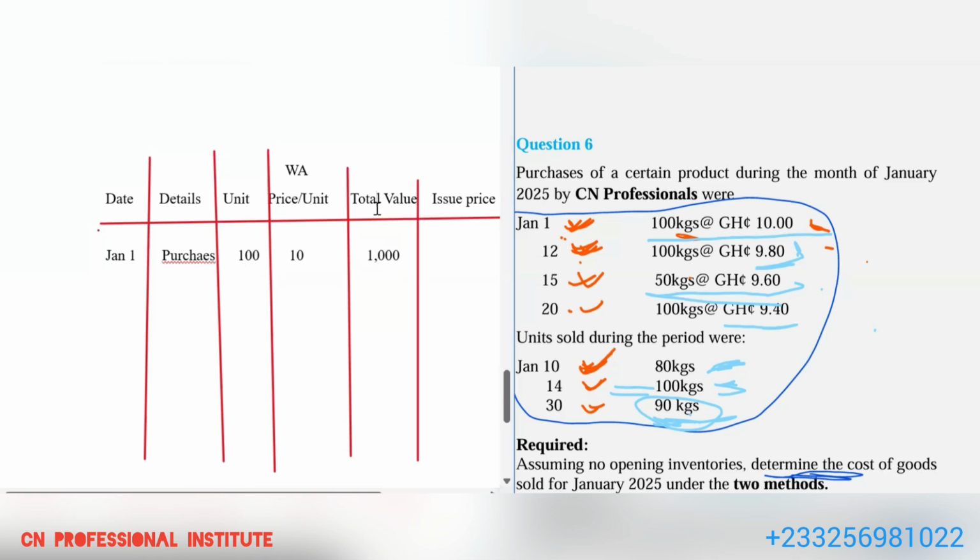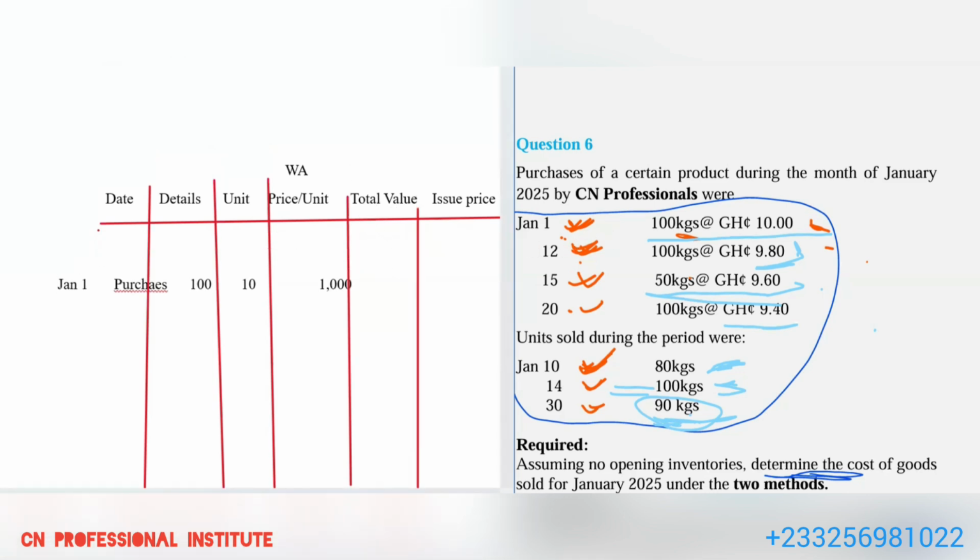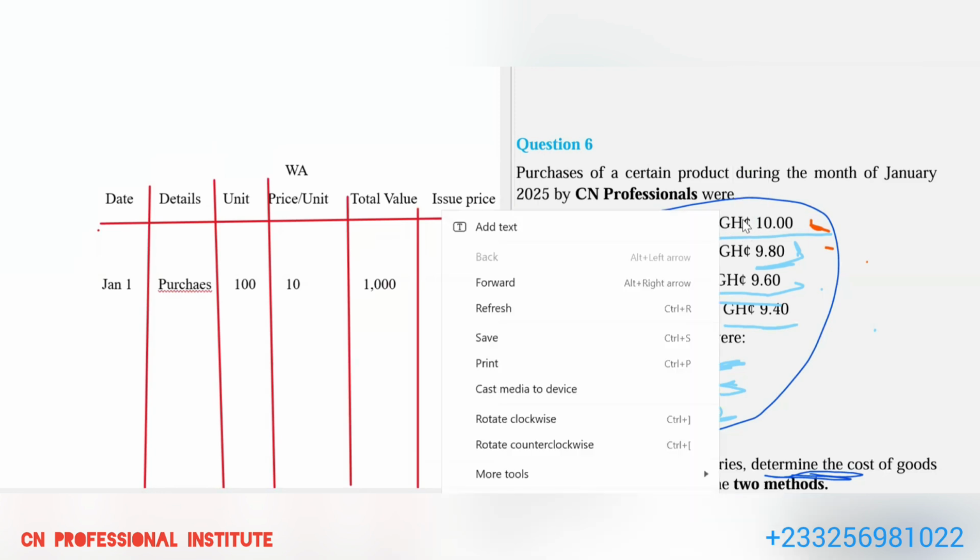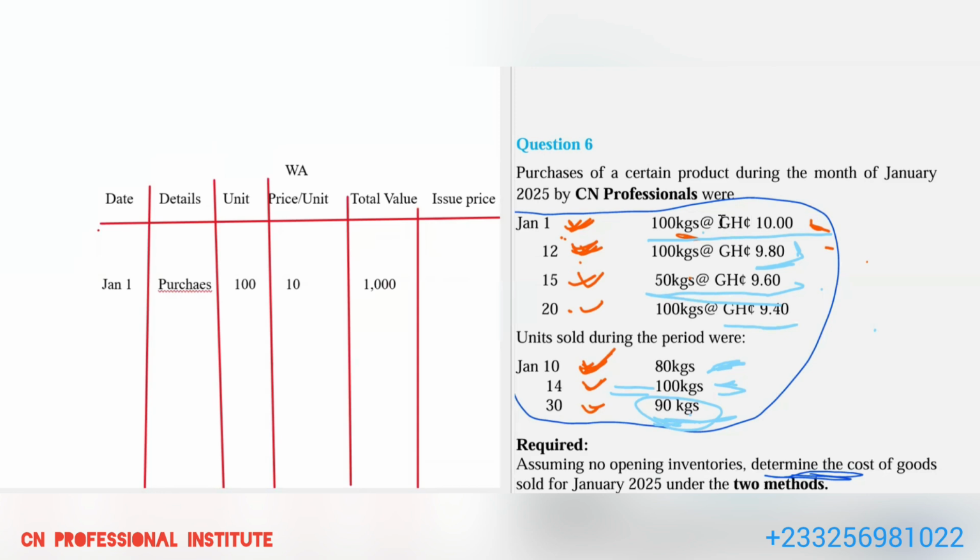So if you multiply the 10 cedis by, okay, let me see if I can put some CD signs here and see if it will work. Let me try and put some CD signs here so that we have something better. Why is this thing doing this?